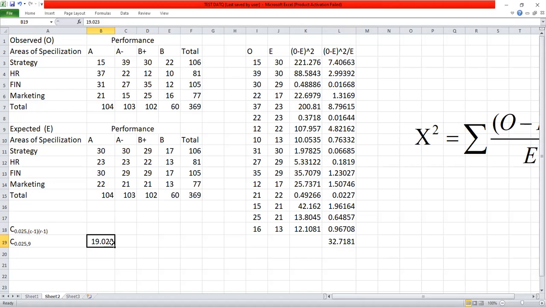Clear? Come again, please. If the calculated is bigger than the one from the table, you follow the same procedure. If the chi-square calculated is less than the chi-square table value, we accept the null. If it's greater, you reject the null.